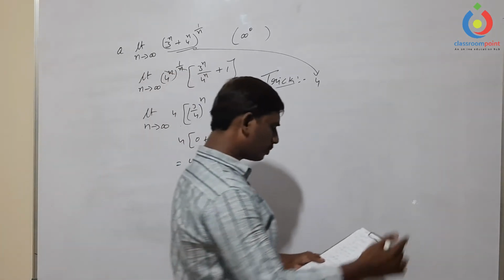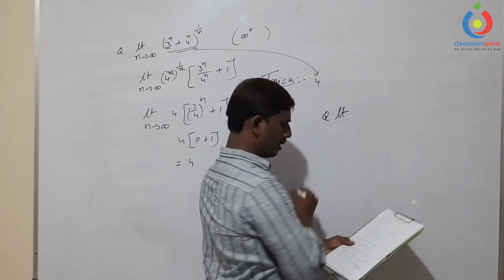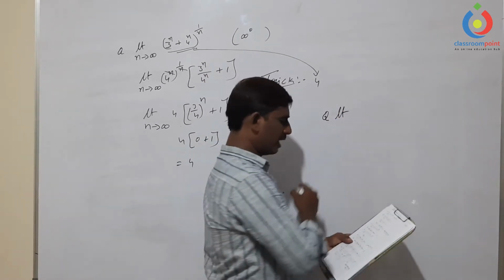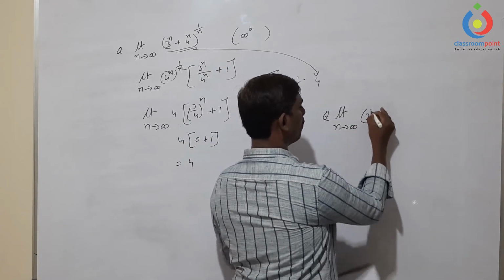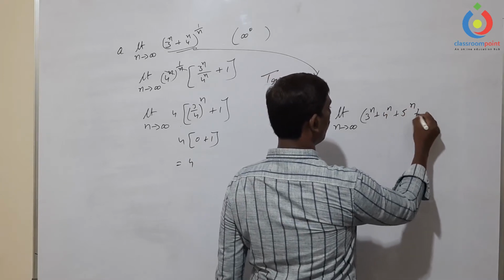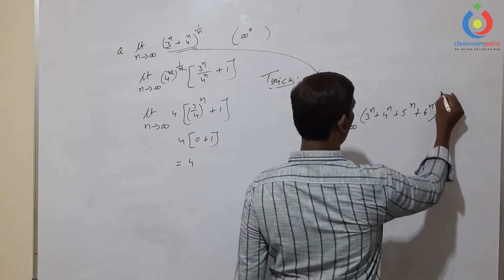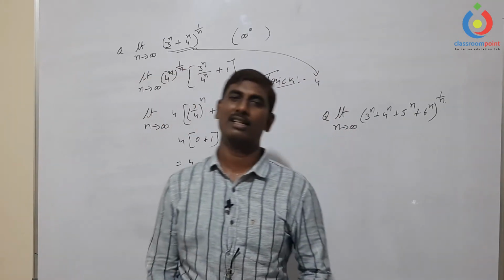One more. Limit n tends to infinity, 3 power n plus 4 power n plus 5 power n plus 6 power n, whole power 1 by n. What is the answer? Direct.